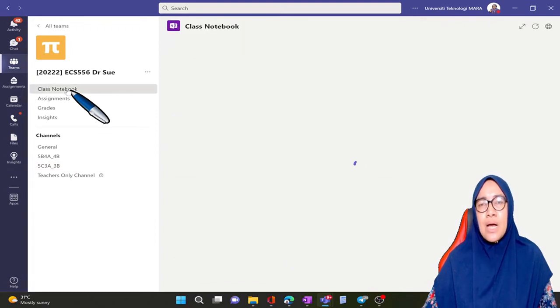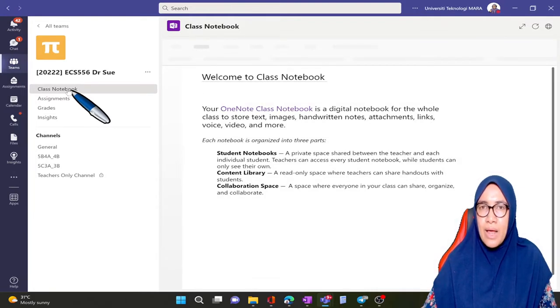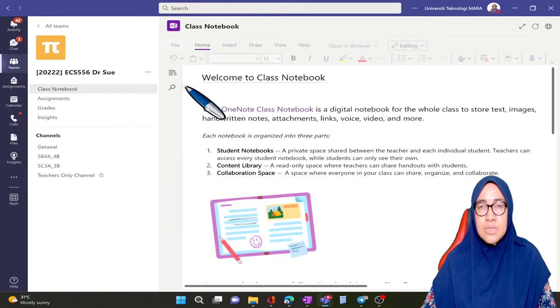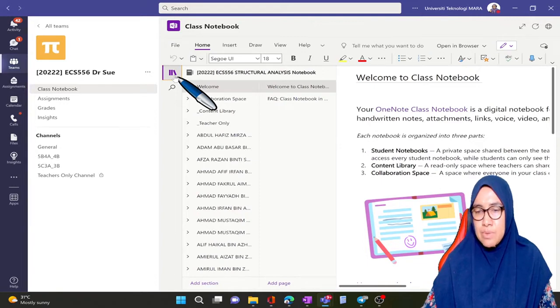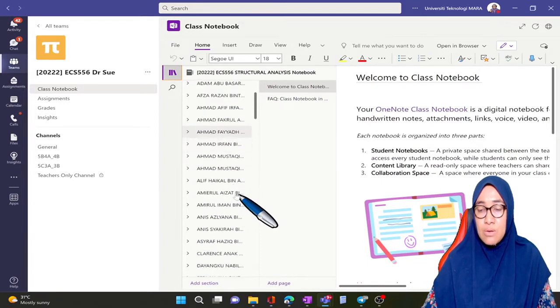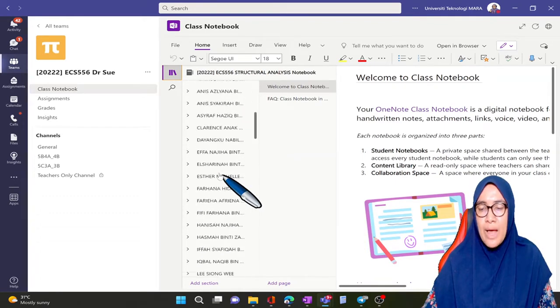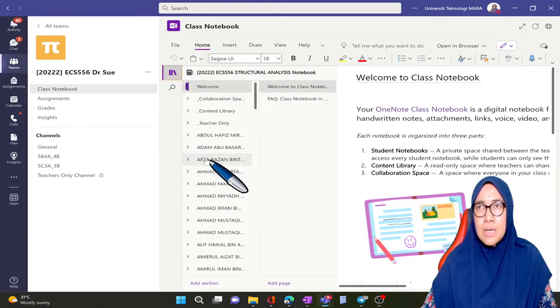If you download OneNote on your phone, you can access whatever content we discuss using your own apps. You can open the class notebook directly using the OneNote app because I have generated it for you. These are all your names, so you have your own OneNote where you can put whatever exercises you do, under your own folder.